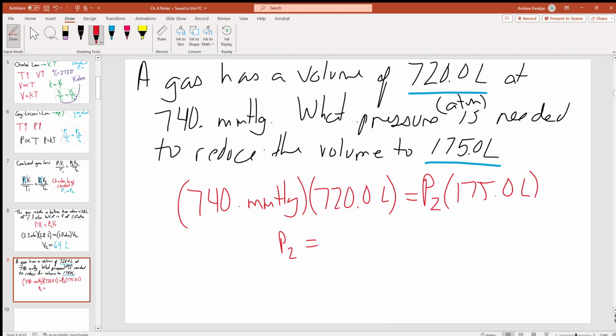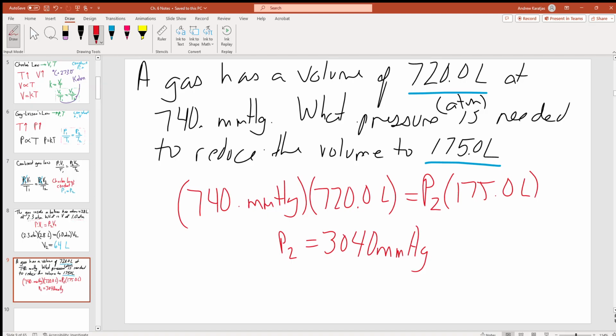So what do we get for our new pressure here? We get a new pressure of 3,040 millimeters of mercury.